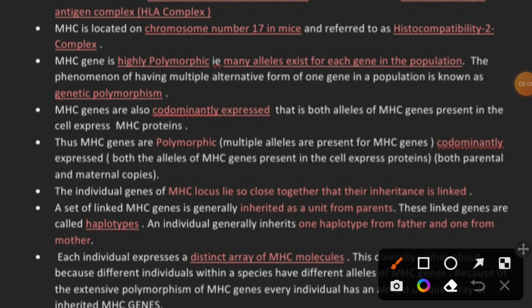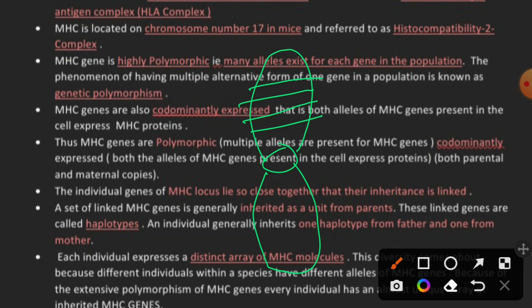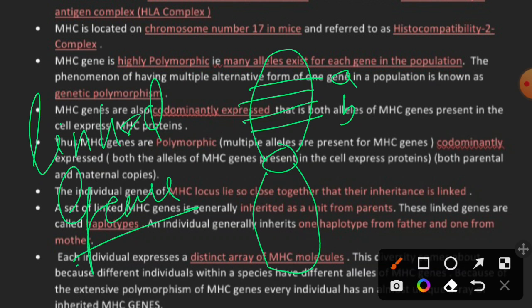Now, what is the meaning of a linked gene? For easy understanding, remember that linked genes mean best friends.